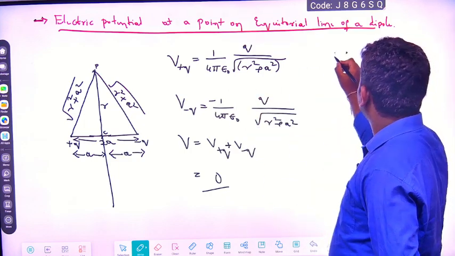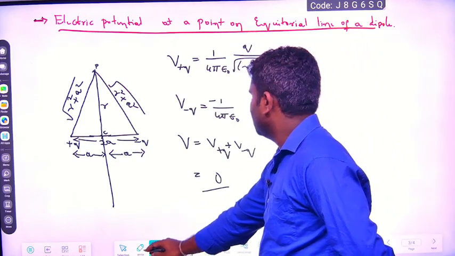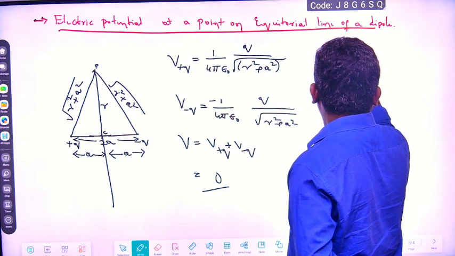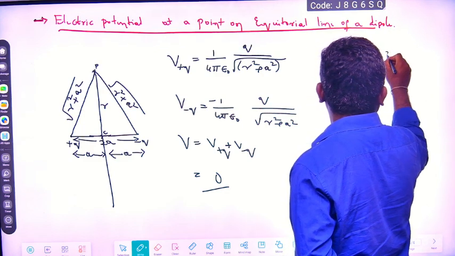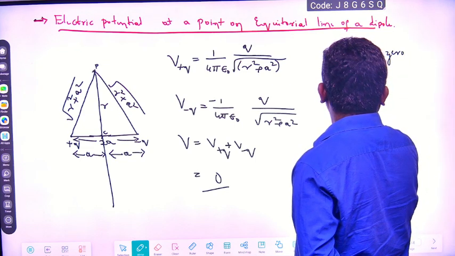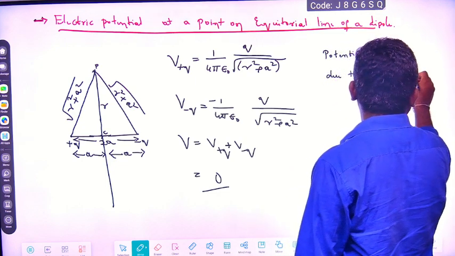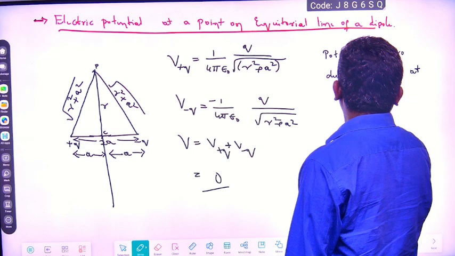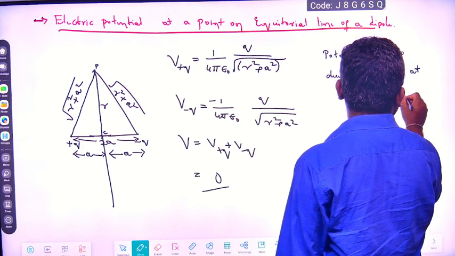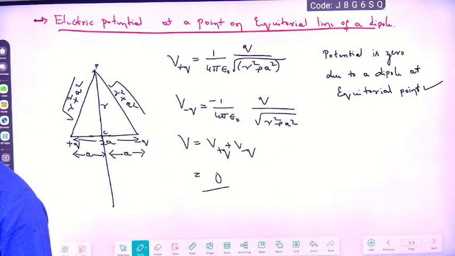Please write: potential is 0 due to a dipole at an equatorial point. Understood? Please take.